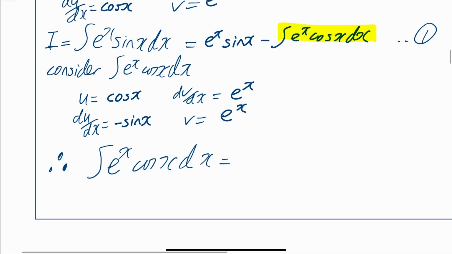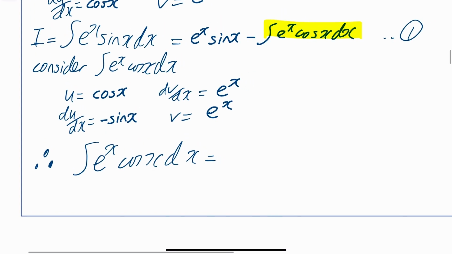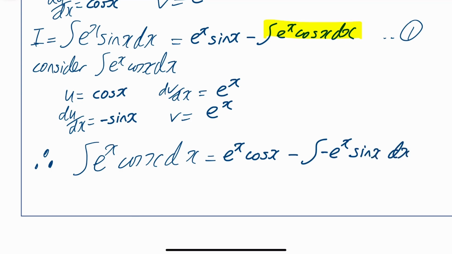So if you look at that, then your uv is going to be e to the x cos x, and then minus the integral of minus e to the x sine x dx, and I'll just write that again. That's e to the x cos x, then it will be minus minus is plus, e to the x sine x dx.